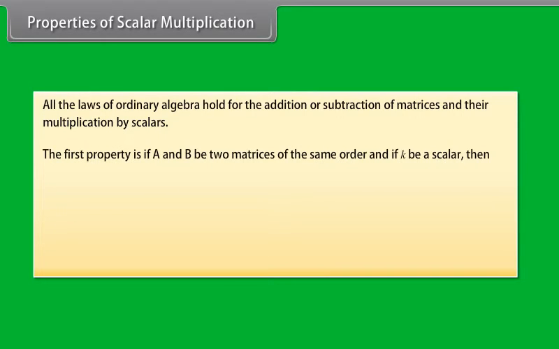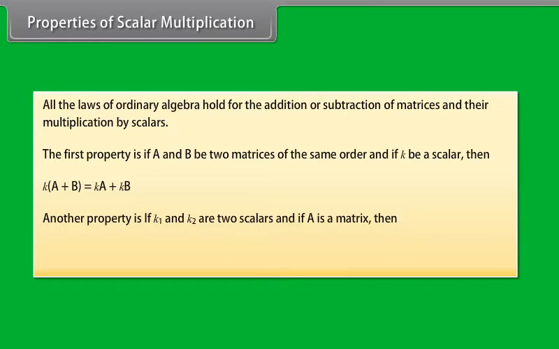The first property is if A and B are two matrices of the same order and K is a scalar, then K into A plus B is equal to K into A plus K into B. Another property is if K1 and K2 are two scalars and A is a matrix, then K1 plus K2 into A is equal to K1 into A plus K2 into A, and K1 into K2A is equal to K2 into K1A.